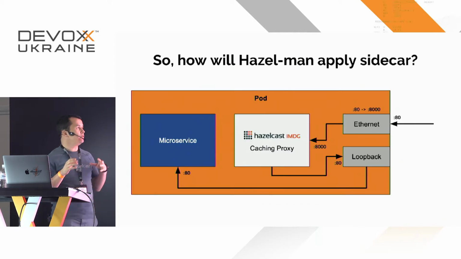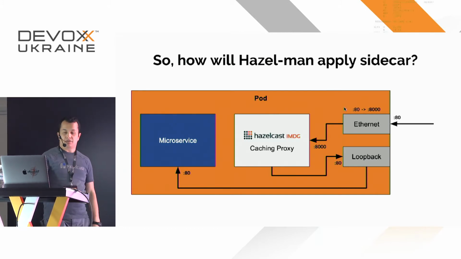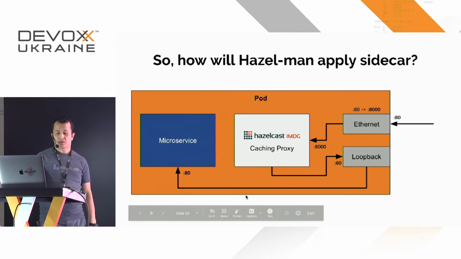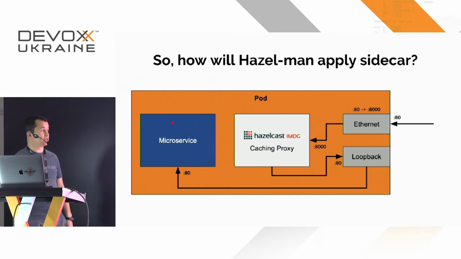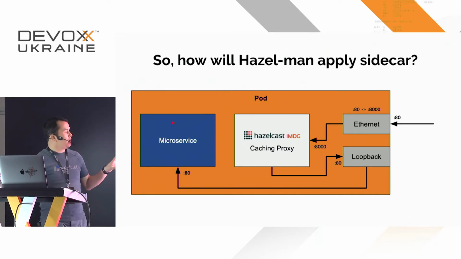So how will Hazel-man apply the sidecar pattern to our application? Firstly, we will have our regular microservice without any caching. Imagine that we haven't implemented any cache.